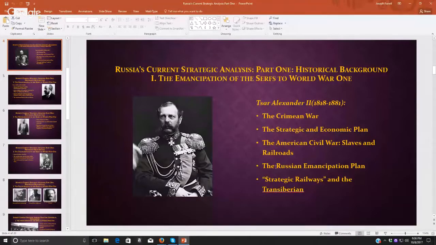American Civil War. The Russian Emancipation Plan is much more well thought out than the emancipation of the slaves in this country, because basically all that Lincoln did was, he issued his proclamation when the Civil War was over and Reconstruction was underway.